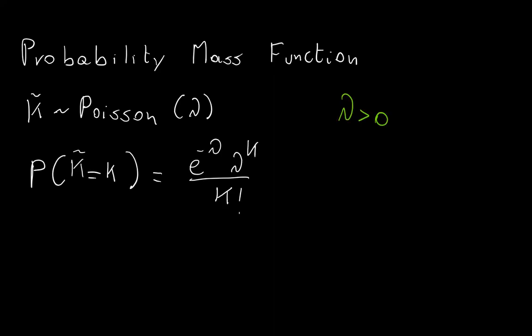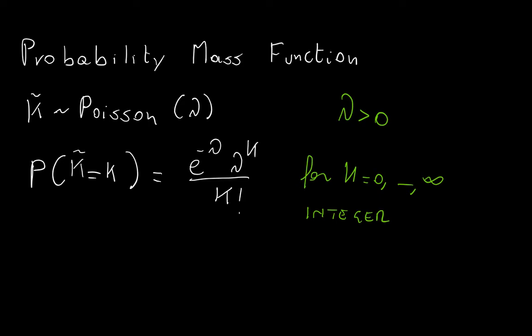Then the probability that k tilde is equal to k is given by this formula, which is the common one, with the requirement that k goes from 0 to plus infinity and is an integer.